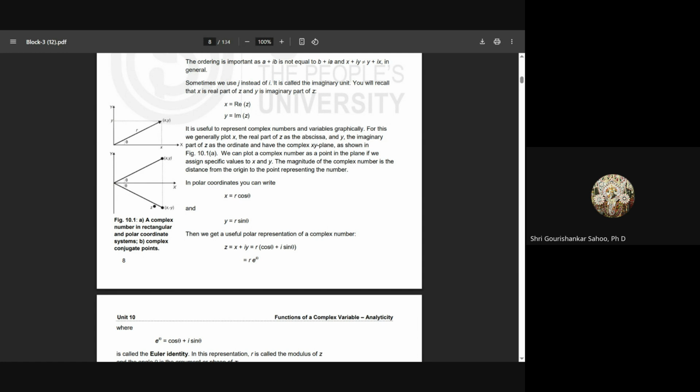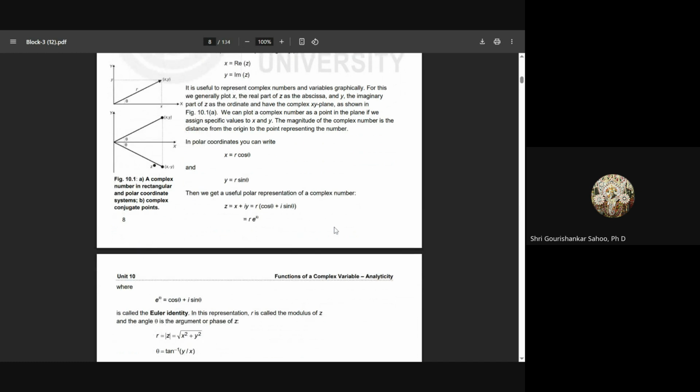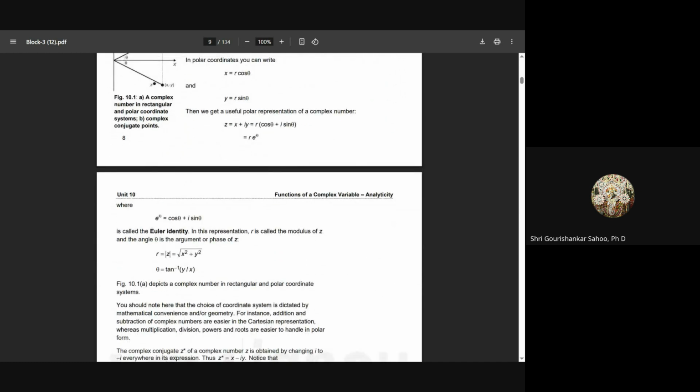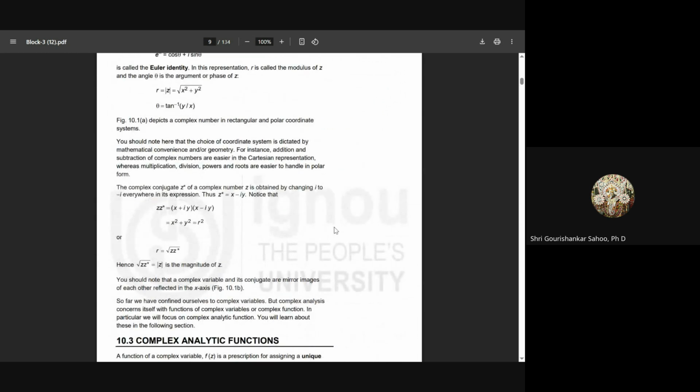So z can be written as r e to the power i theta, and it is the Euler identity, e to the power i theta is equal to cos theta plus i sin theta. So here r is equal to root over of x square plus y square, and theta is equal to tan inverse y by x. So a complex number can be represented both in rectangular and polar system.